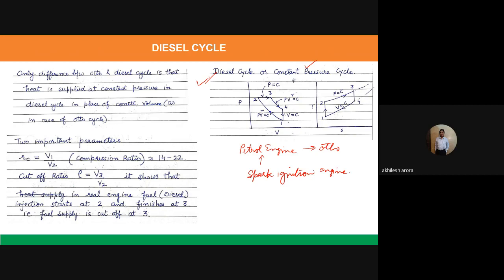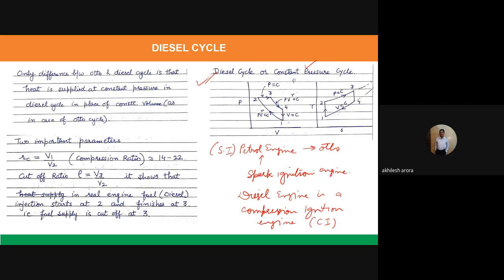Whereas a diesel engine is a compression ignition engine. Sometimes we call it a CI engine, and for the petrol engine we call it an SI engine.